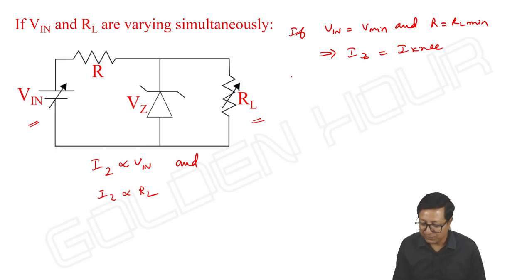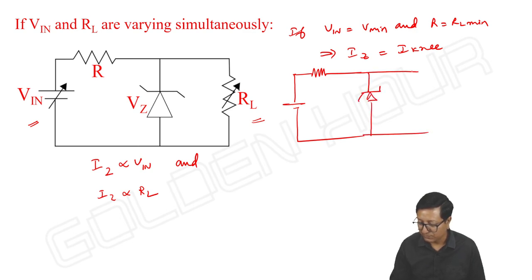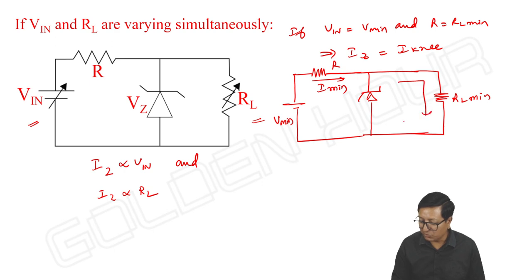Okay. So what we can write here is, as V input is minimum, I should be minimum, and as RL is minimum, IL should be maximum.